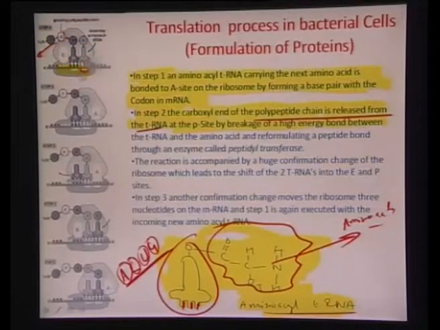Let us just close all this. Okay. So, we are talking about breaking this particular bond here of the molecule. So, it is a polypeptide chain with the tRNA. So, essentially you are disengaging this portion of the molecule by breakage of this high energy bond. This is a very high energy bond between the transfer RNA and the amino acyl group.